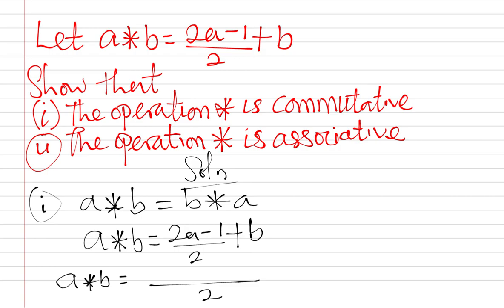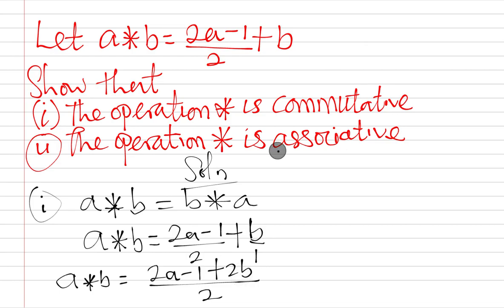So 2 into 2A minus 1, 2 into 2 will give us 1, and 1 times 2A minus 1 will give us 2A minus 1. Then this is over 1, so 1 into 2 is 2, and 2 times B is 2B. Are you seeing that now?